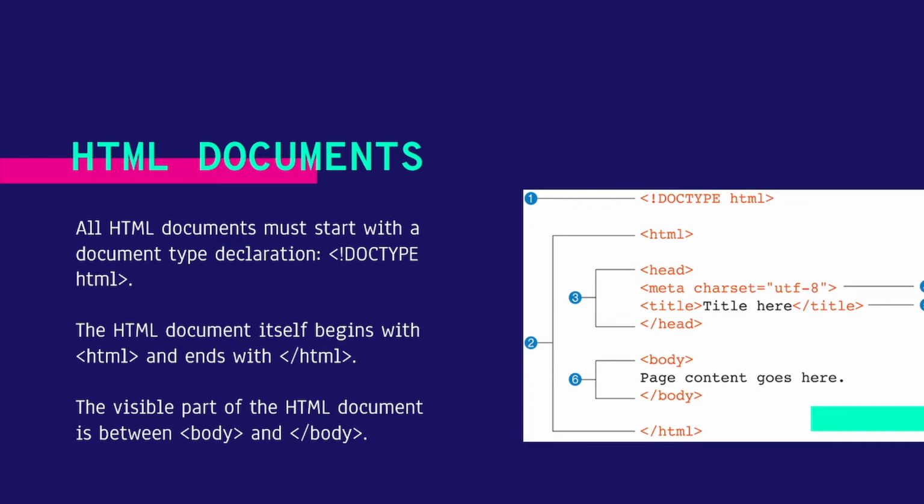And in the body tag, you have to place the actual content, what you want to show to the user, like any heading or any image, video, anything which you want to show to the user. So all the visible content goes inside the body, and then that will be executed as an HTML page inside the browser.